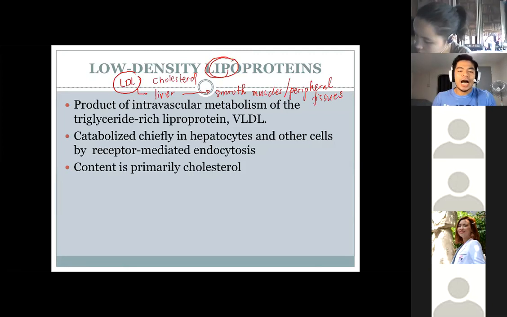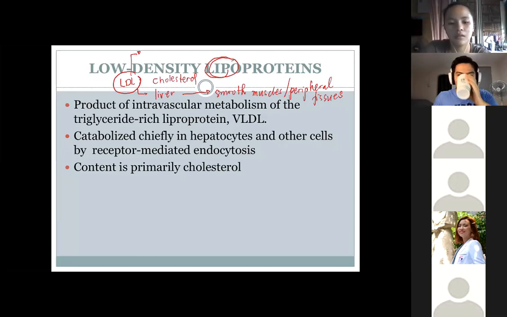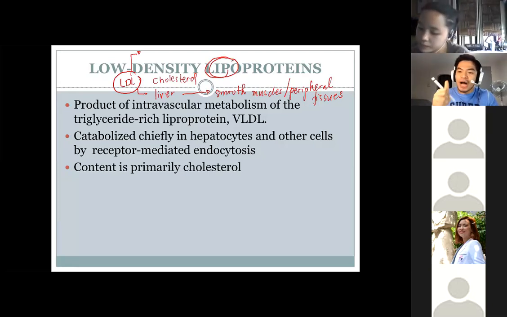So for LDL, this is also known as, based on your stock knowledge, bad or good cholesterol. Good, tama yung answer nyo. So ang tawag dito ay bad cholesterol.